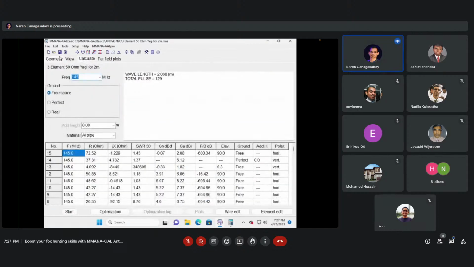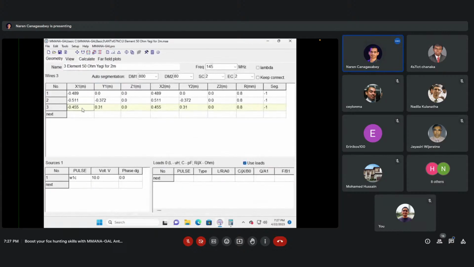Right. So moving on to the third element. So we have the director. The reflector is slightly longer than the driven element, and the director is slightly shorter than the driven element. So let's calculate the length of the director.